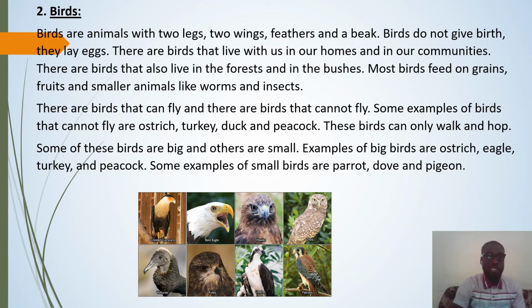Some are big and others are small. Examples of big birds are the ostrich, eagle, turkey, and the peacock. Some examples of small birds are the parrot, the dove, and the pigeon. Looking at the picture, we have some types of birds there.